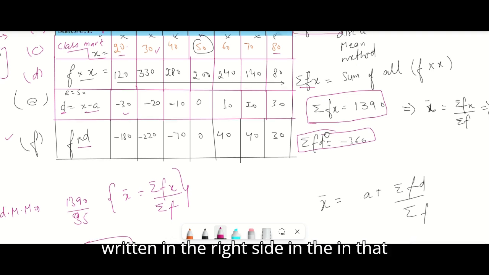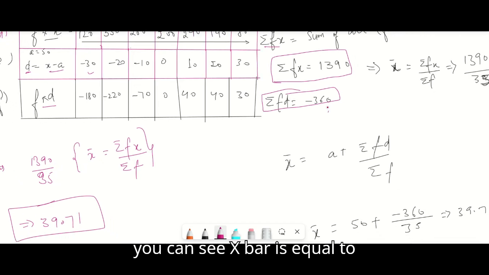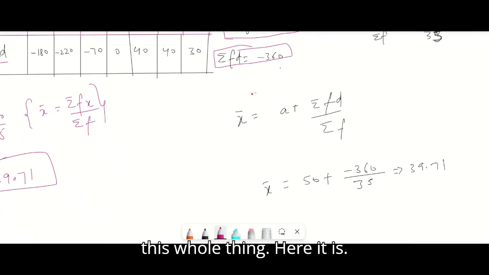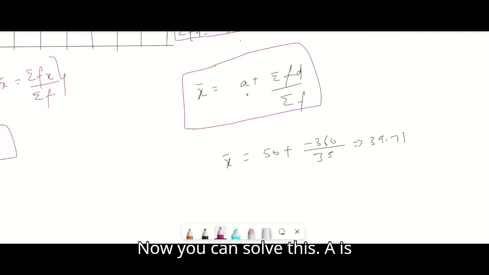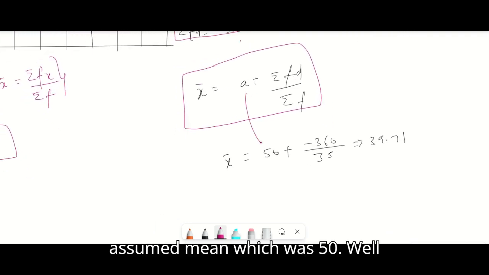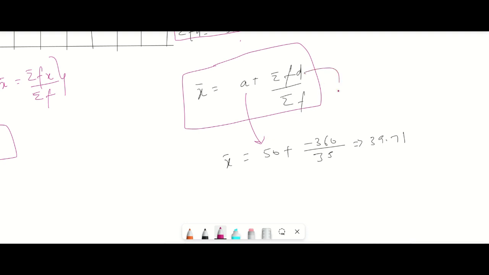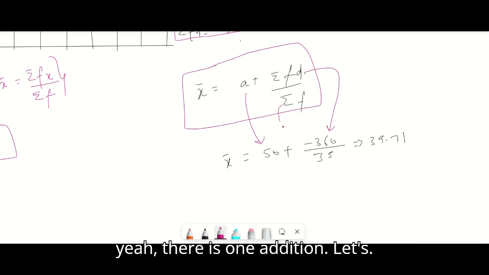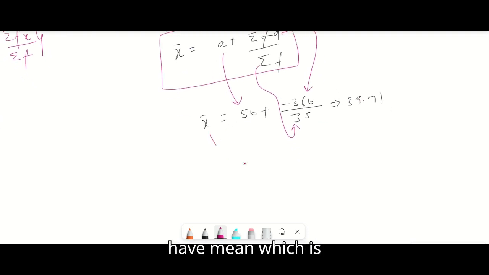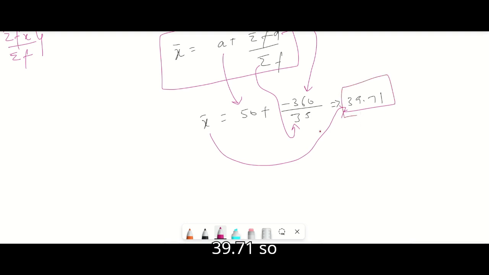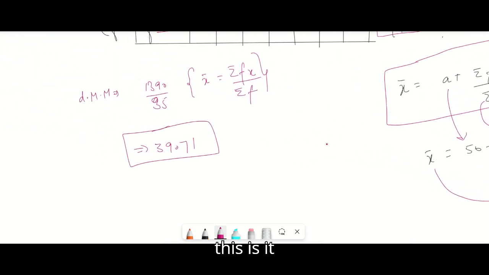A is the assumed mean, which was 50. Then there is one addition: a plus sigma fd over sigma f, and there we have the mean, which is 39.71. So this is it.